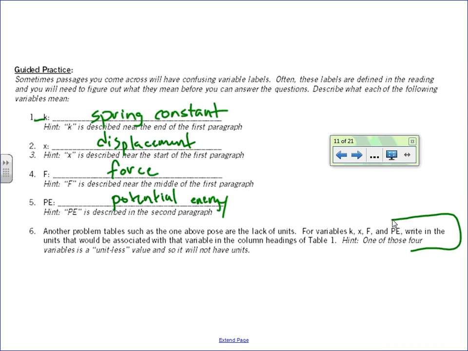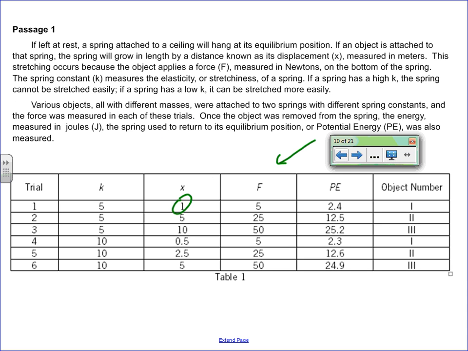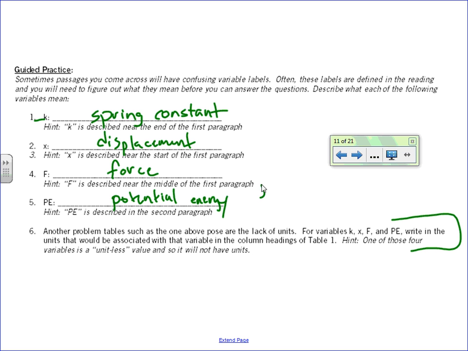All right, in this case, let's work our way up. Potential energy. What are the units of potential energy? Joules. Nice. We go back here. It says the energy measured in joules, the spring used to return its equilibrium position. All right, what about force?